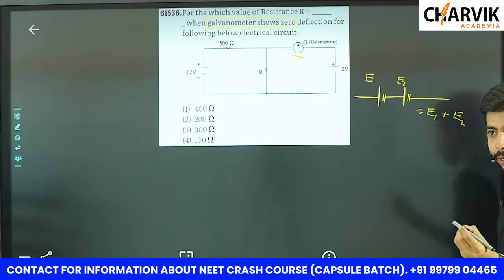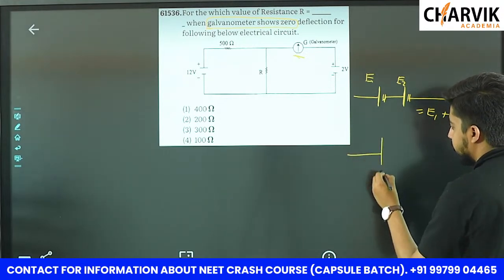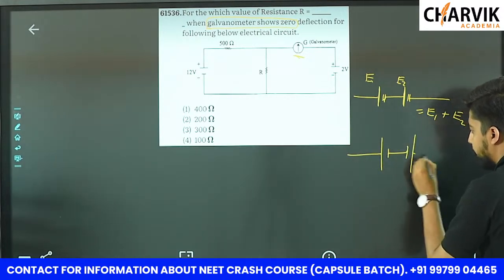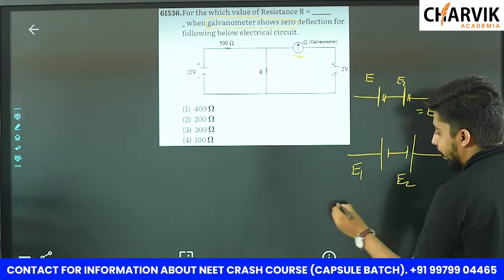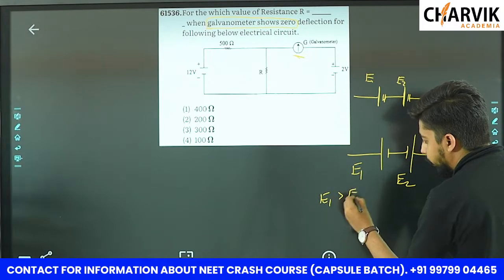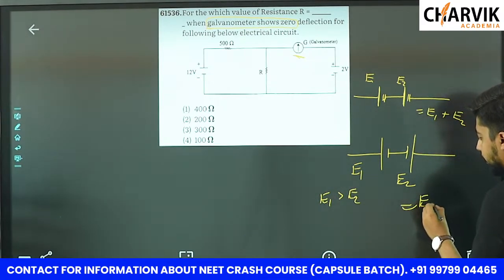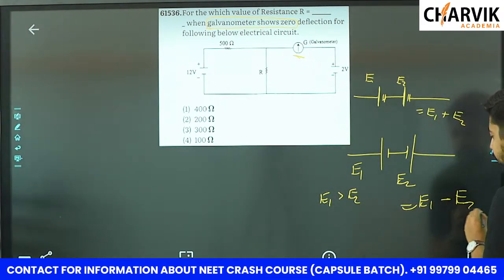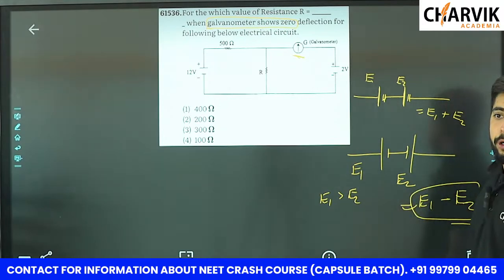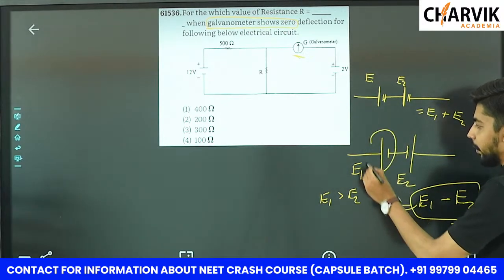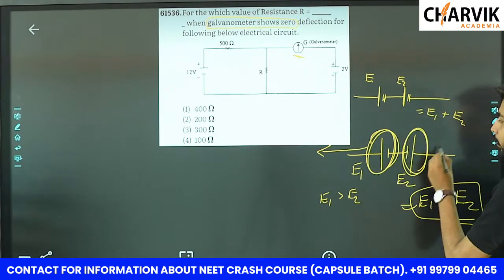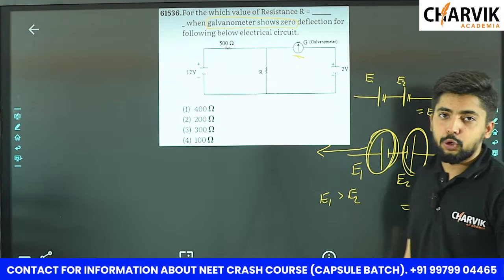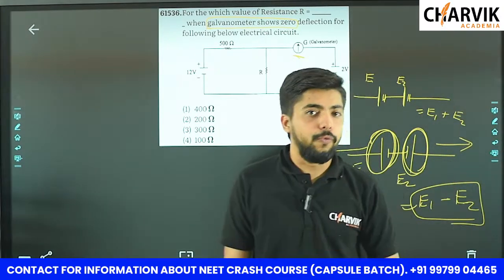And if you connect these cells in series as plus-minus, plus, with the EMFs of the two cells E1 and E2, where E1 is greater than E2, then the total EMF becomes E1 minus E2. You need to subtract the values, because the first battery is trying to drive the current in one direction, and the second one is trying to drive the current in the opposite direction. That's why you need to subtract the values.